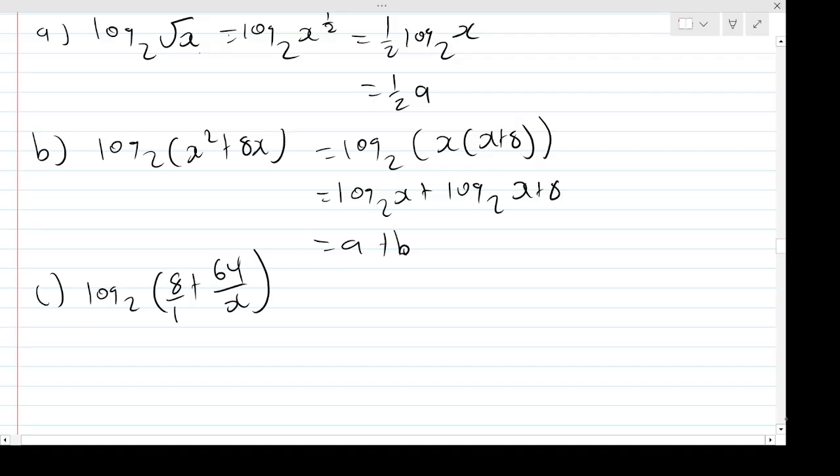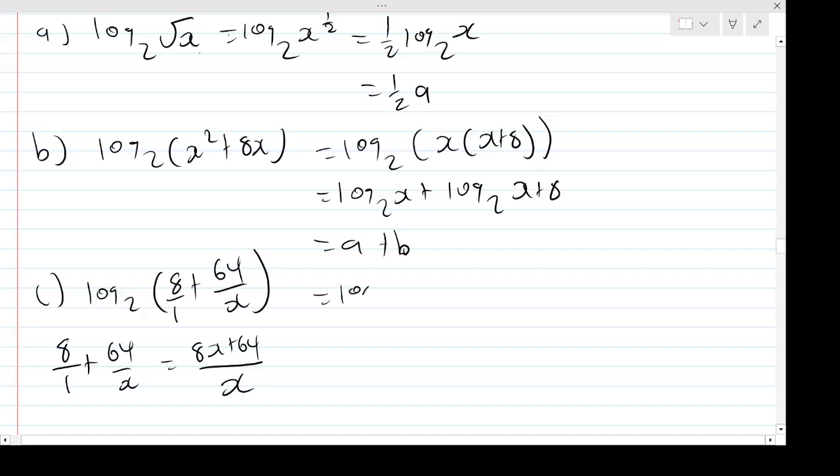So if I do it somewhere here, 8 over 1 add 64 over x. Well, I need to multiply the first fraction by x to get 8x add 64 over x. Okay, so hopefully you recognise I can simplify what I've got inside the log as this single fraction by adding the two fractions together.